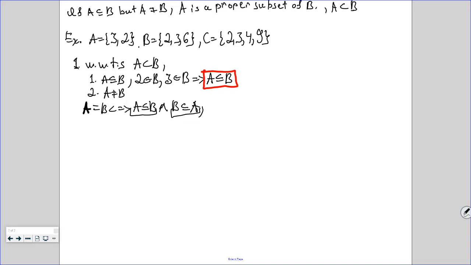We proved that A is a subset of B. Now, if we find any element that belongs to B but does not belong to A, then B is not a subset of A. And it's easy to show, since 6 does not belong to A. So from here, B is not a subset of A, and we can conclude that A does not equal B. The same way we can show that B is not a proper subset of C. It's not even a subset of C, since B has the element 6, which is not in C.